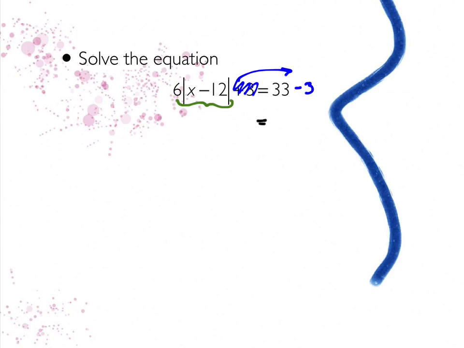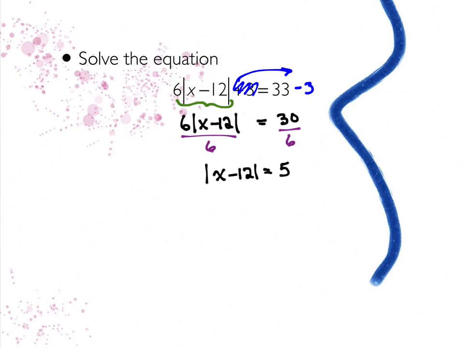Down here I'm going to have 33 minus 3, that's 30. Over here I'm left with the absolute value of x minus 12 times 6. So once again, we're going to get rid of this 6 by dividing. Now I have the absolute value of x minus 12 equals 30 divided by 6, which is 5.